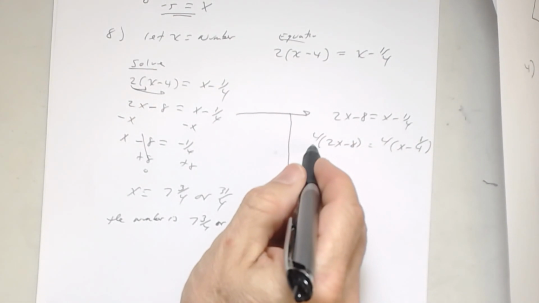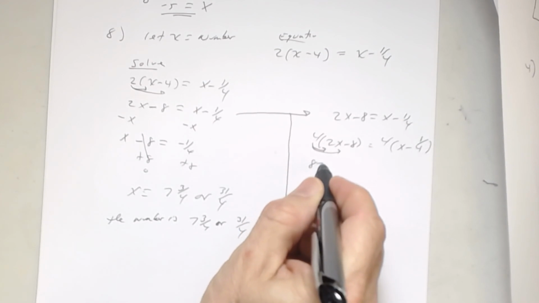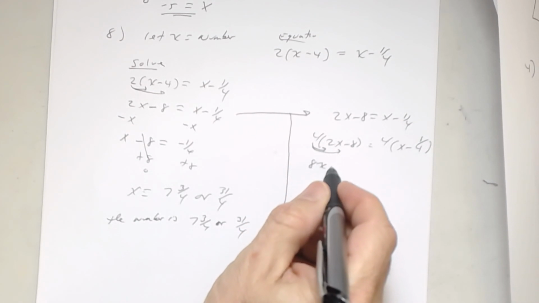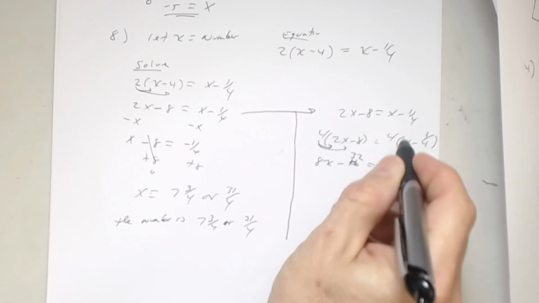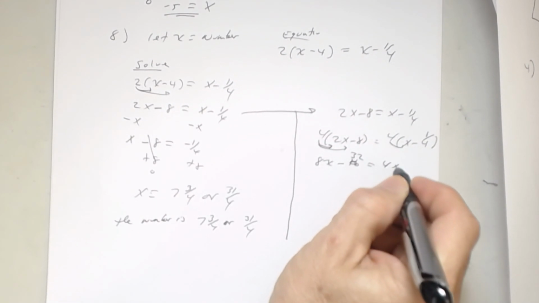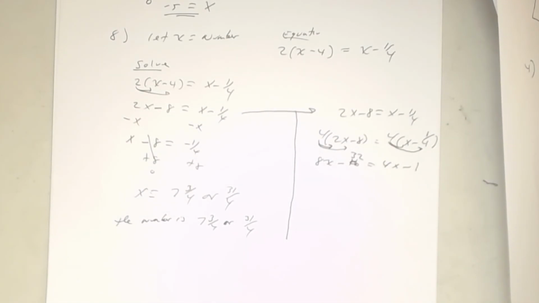And then you're going to use the distributive property. 4 times 2x, 4 times 8. So you get negative 32, right? 4 times x is 4x. What's 4 times a fourth? 1. Okay, so that's 4x minus 1. All right, now subtracting 4x on both sides.